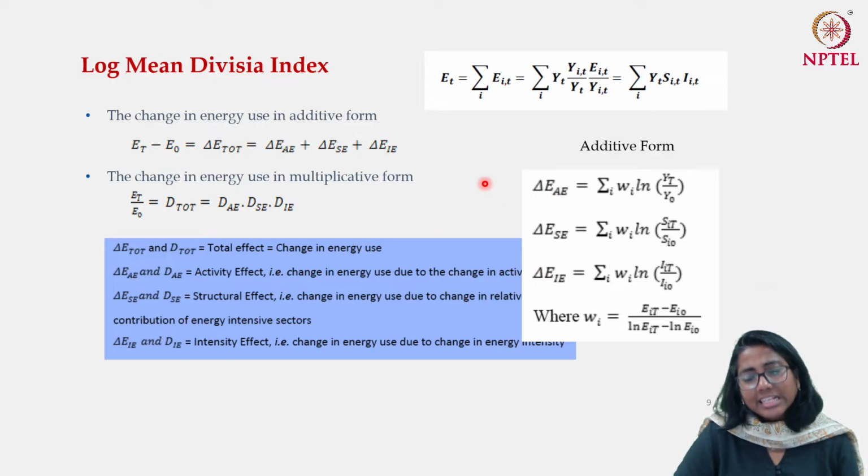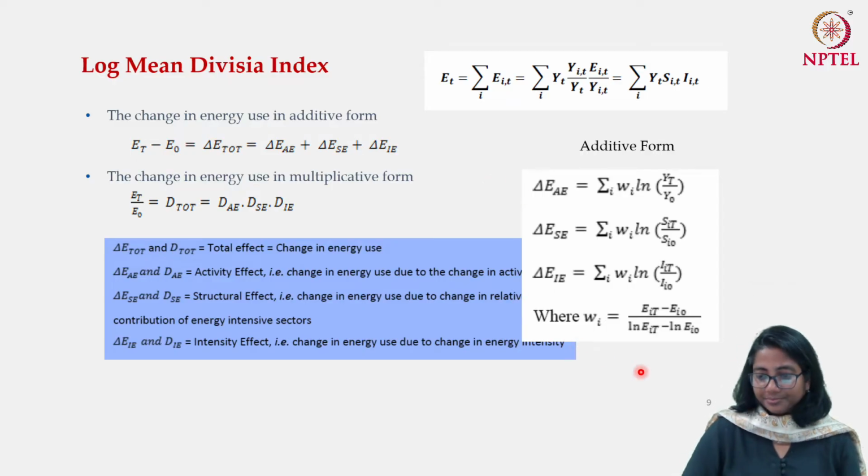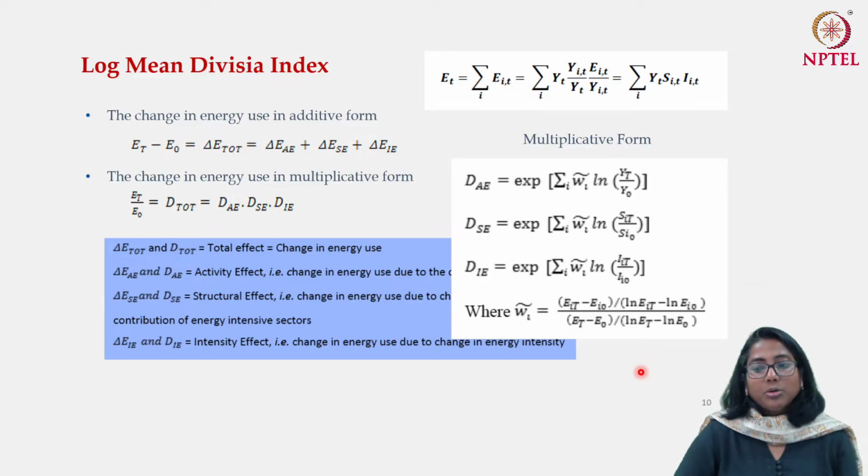So any change in energy demand comes from either of these three sources. If you want to go by the multiplicative form, then it looks like this. You see the expression has changed a little bit. Now you have the exponential of this term, the exponential of this term, and the exponential of this term, and the weights have also changed. For the multiplicative form, this is how you calculate the weight.